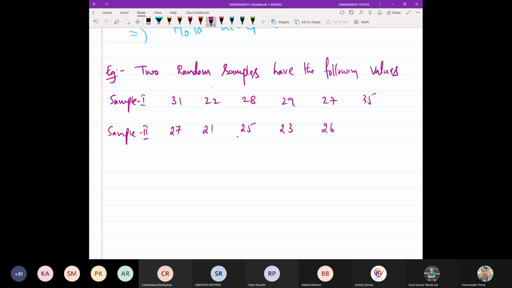That's all. Now the observations are given to us. Mean is not given, variance is not given, population statistics is not given.